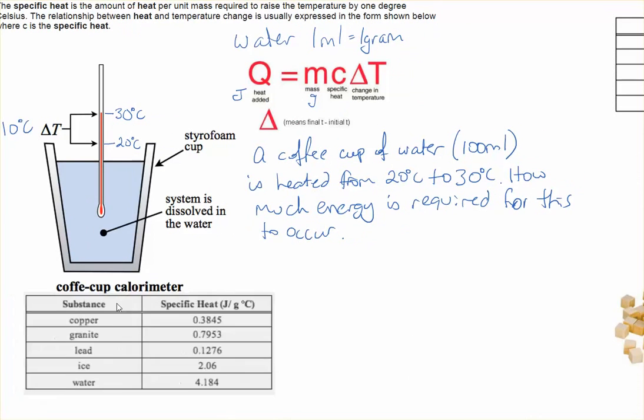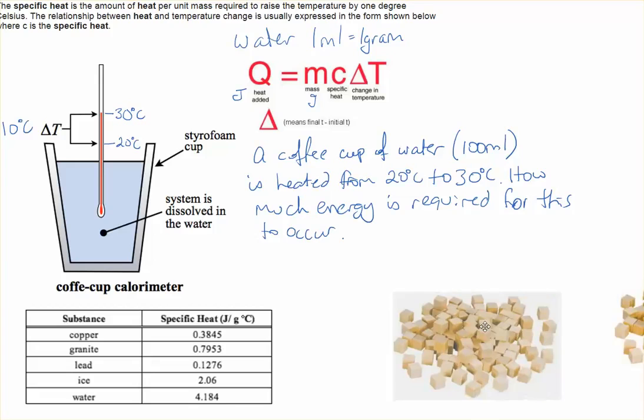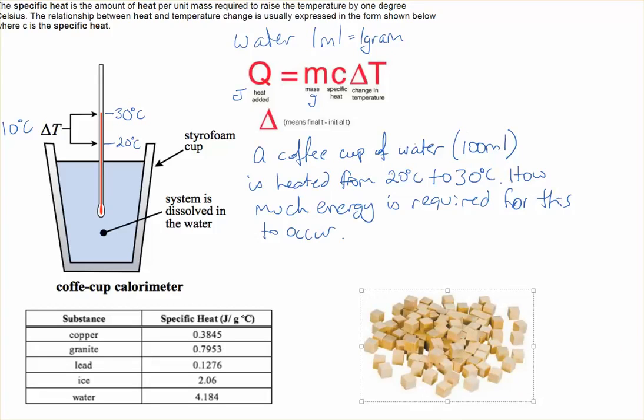So each material actually has a different amount of energy that's required to heat up 1 gram of it, 1 degree Celsius. So if I get something like these MAB blocks that I've got over the side here, this one block here is 1 mil, or 1 gram, as we said before.